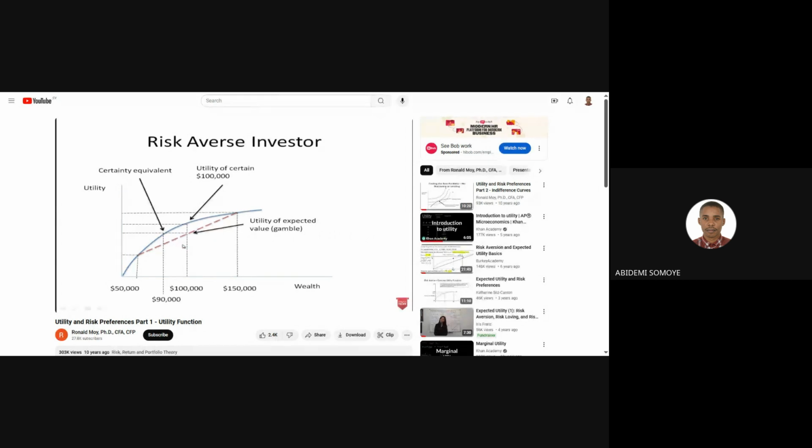What this graph does is we've drawn across from this 100,000, the expected value of the gamble, horizontally until we just hit the utility function. And here, let's say it's 90,000.